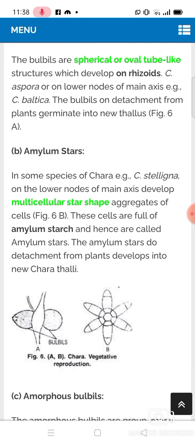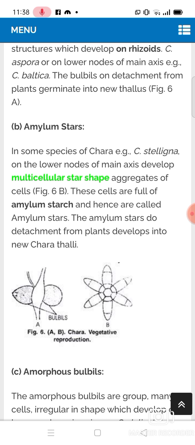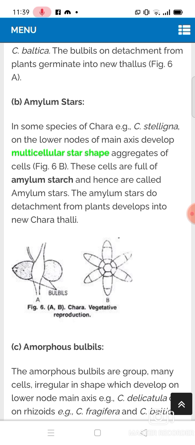Amylum stars are multicellular star-shaped aggregates of cells. These cells are full of amylum starch; they contain stored food material, and hence they are called amylum stars, and they look like stars.